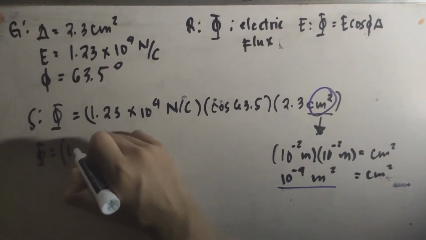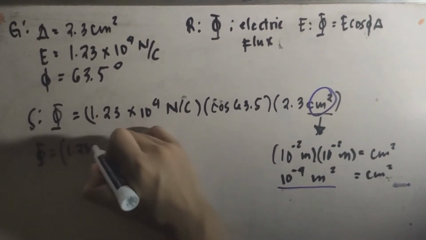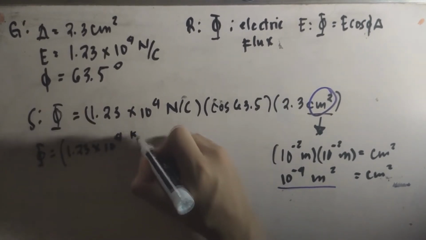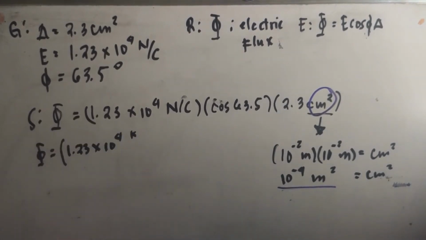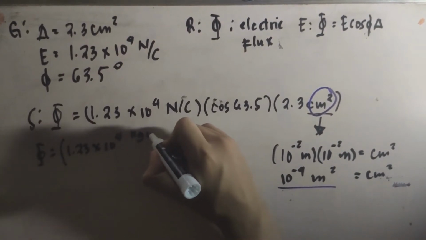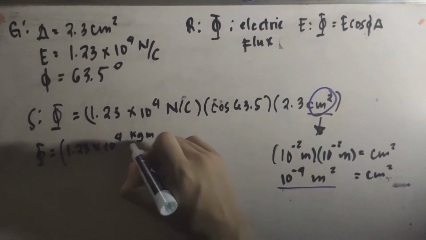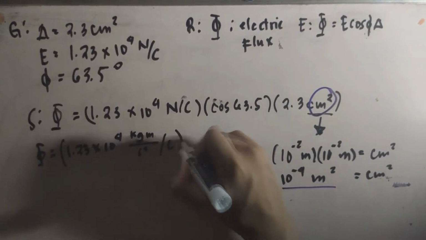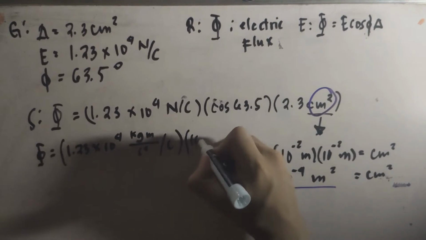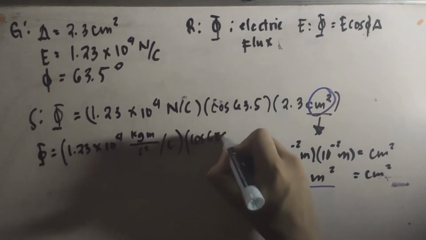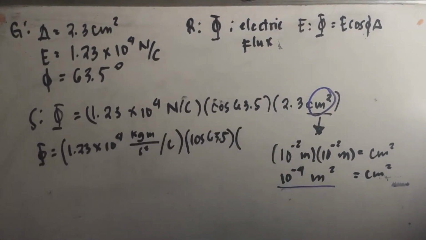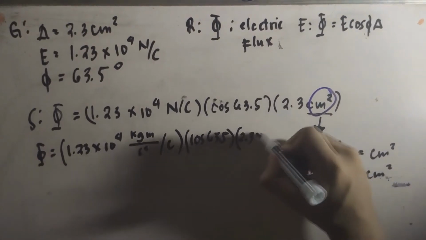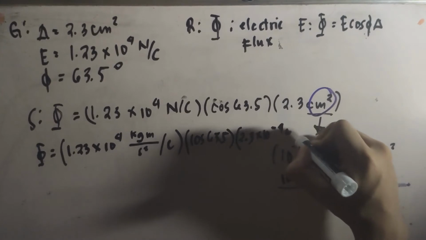So that would be 1.23 times 10 raised to 4 kilogram meter per second squared divided by coulombs times cosine 63.5 times 2.3 times 10 raised to negative 4 meters squared.